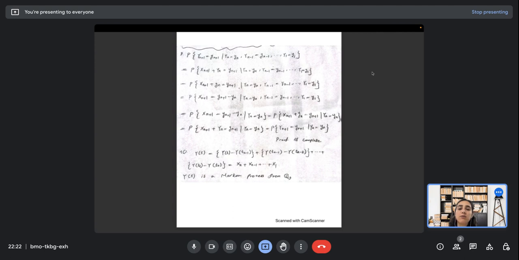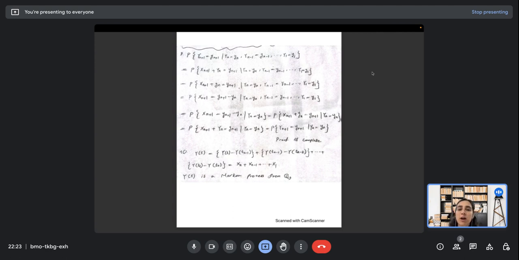In general speaking, if we want to prove that some random variable is a Markov chain, we should show that the probability of, for example in this question, Y(n+1) given Yn till Y1 is equal to the probability of Y(n+1) given Yn.